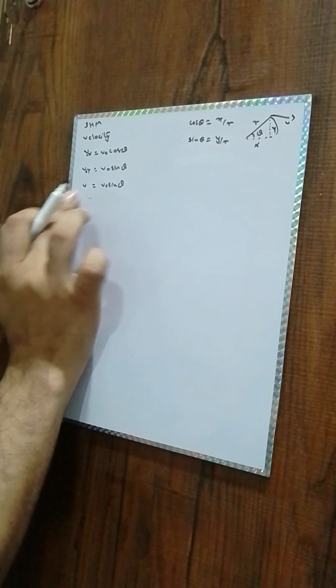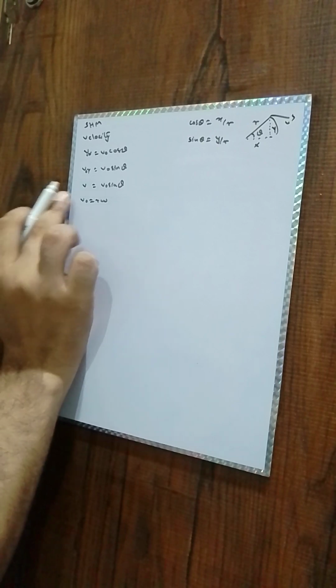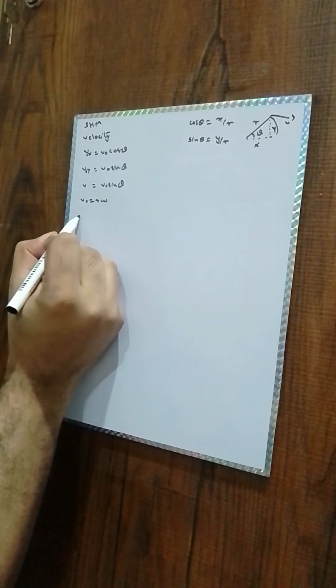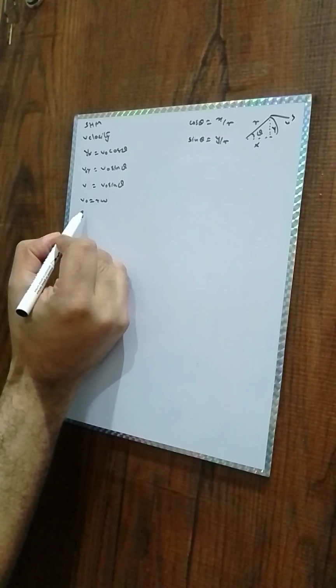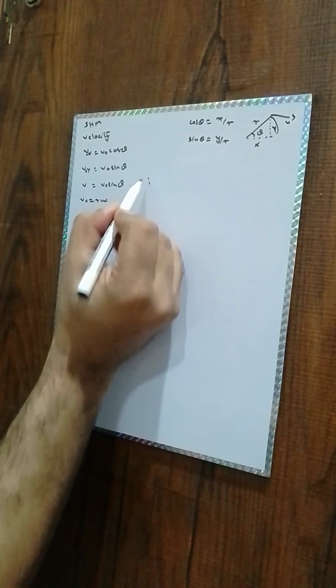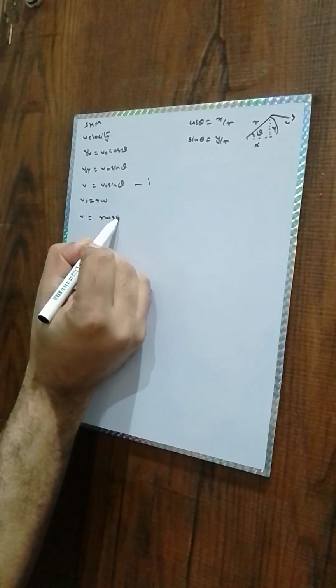So as we know that v naught in our case, the initial velocity, is equal to r omega, so we put the value in the main form, v is equal to r omega sine theta.